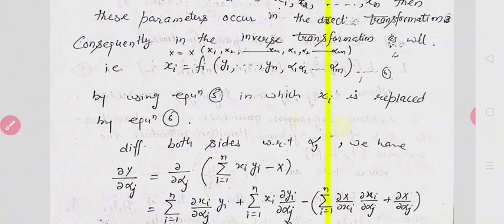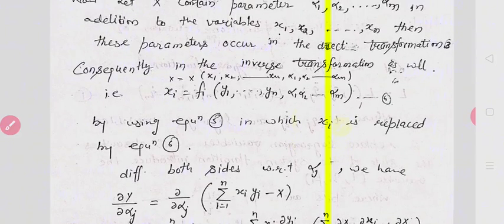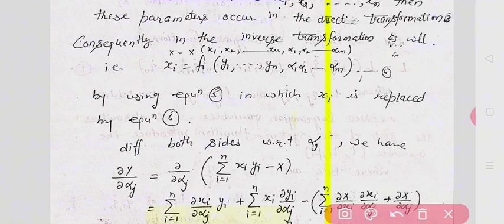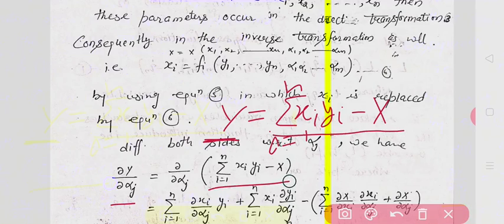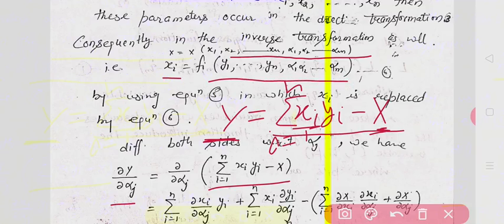When you find curl y over curl alpha j, you know that capital Y is equal to the summation of xi yi minus capital X, where i is varying from 1 to n, right? So when you take its derivative with respect to alpha j, curl y over curl alpha j will be equal to curl by curl alpha j of this expression. Here small xi is a function of this value, right?